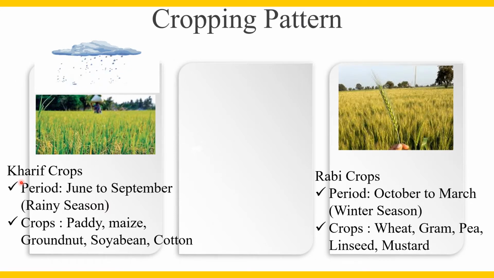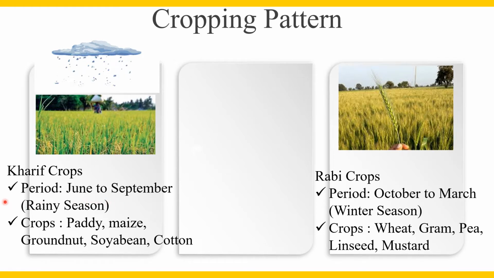So to put it in a nutshell, the crops which are grown in the rainy season, that too between June to September, are called Kharif crops. And as we all know, in India the rainy season falls between June to September.